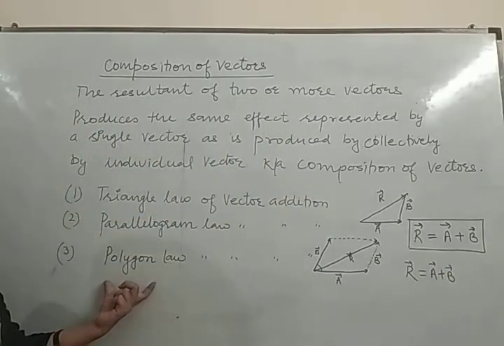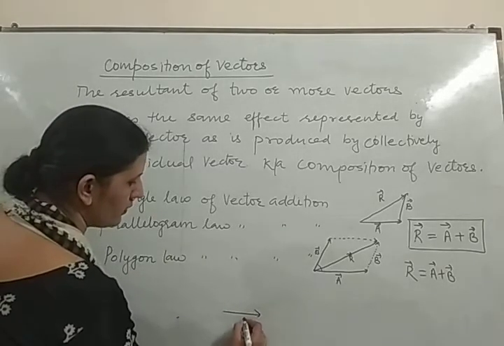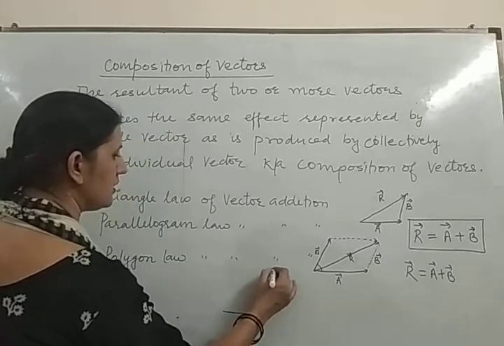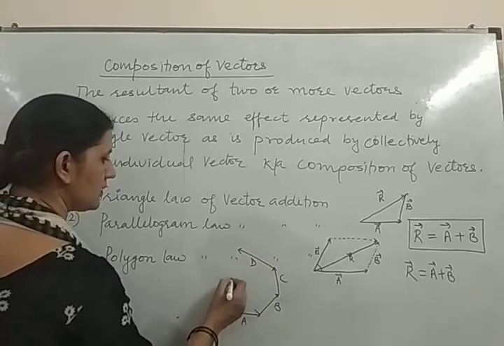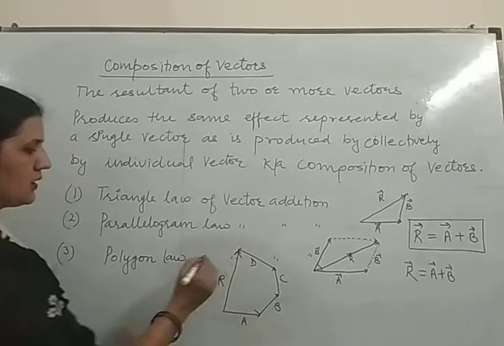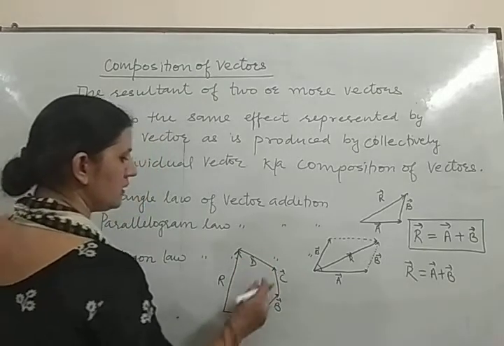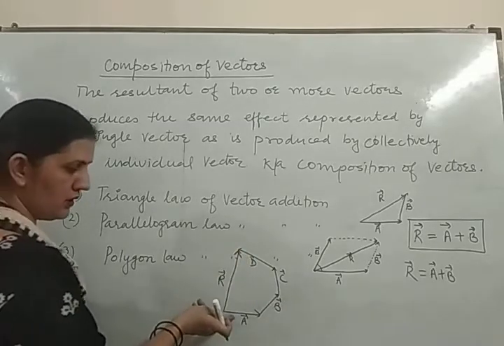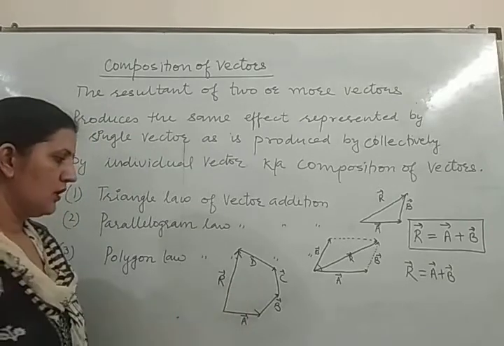Now what about the polygon law? Polygon law means there are many sides. This is vector A, vector B, this is vector C, this is vector D, and now this closing side from the starting point to the end point is the resultant vector. As they are producing the effect individually, this resultant R is giving the combined effect of these four vectors. How can we calculate?